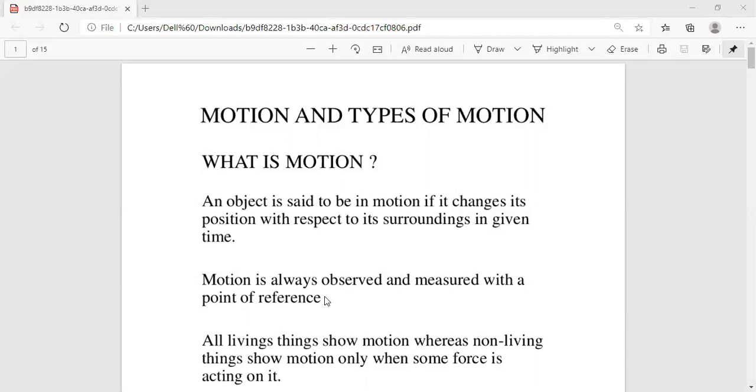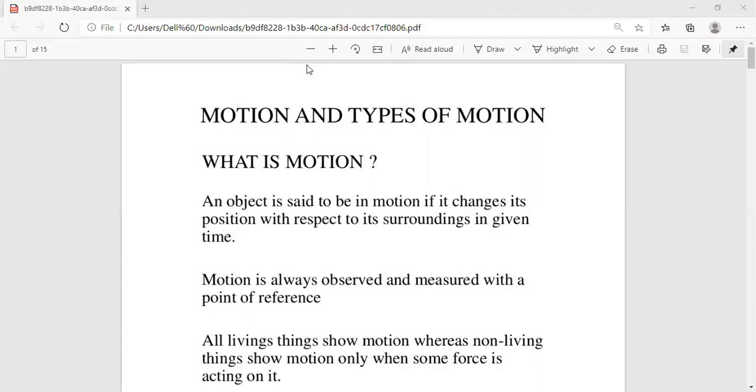So easily you can differentiate between living and non-living things. Living things move from one place to another, they show motion, and non-living things do not move from one place to another. They change their position only when force is applied on them.